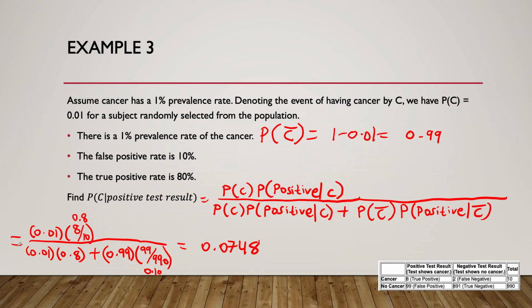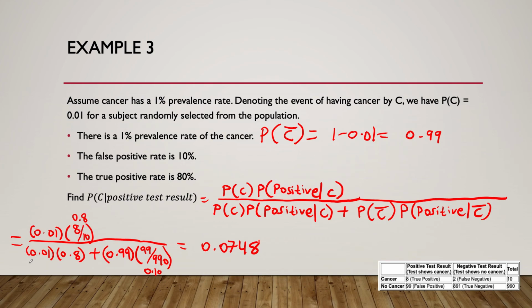So for the probability of cancer, that's 0.01 times the probability of getting a positive result given cancer is 80%, which we could determine down here. We could also find it based upon this as well, since we had 8 that had cancer out of a total of 10, so 0.8.